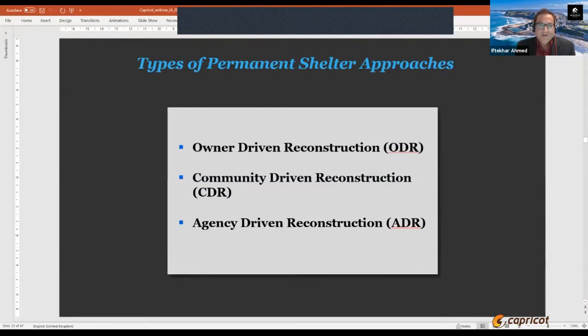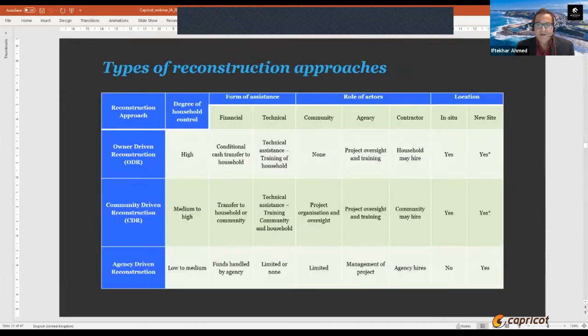Okay, so these are the 3 different types: owner-driven, or the community can take a project, or the agency can do it, and there are advantages and disadvantages of each. I won't go into great detail, except to say that owner-driven reconstruction has a high degree of control, and also different forms.